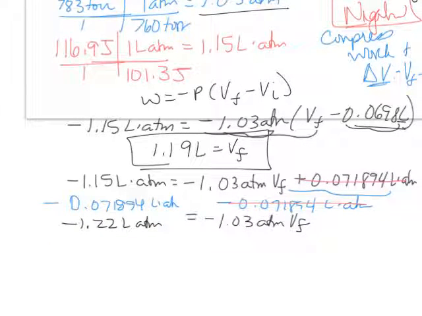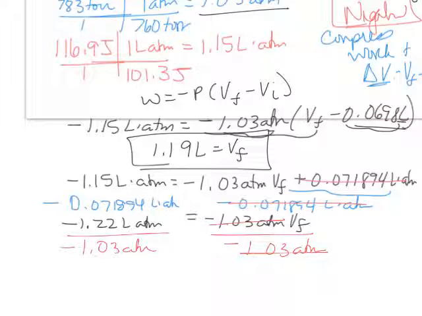Now you want to isolate the VF, so you're going to divide both sides, because they're multiplied together, by negative 1.03 atmospheres. This cancels out, atmospheres cancel out, and then VF equals the answer 1.19, which is positive because a negative divided by a negative is a positive, and you have liters.